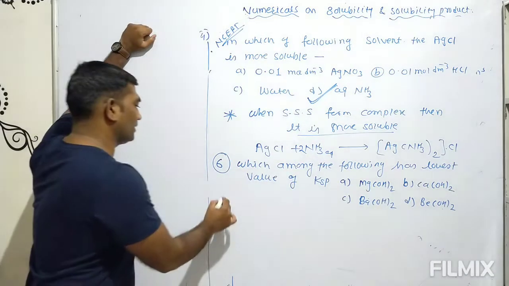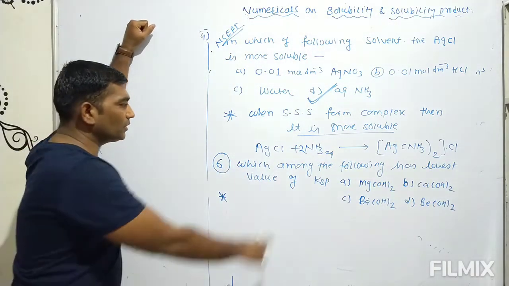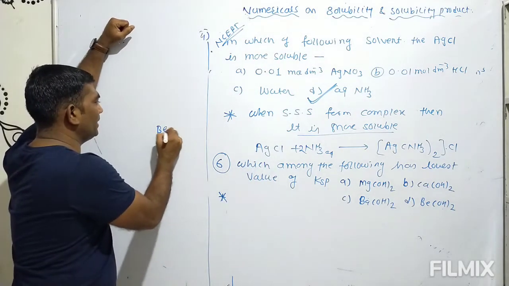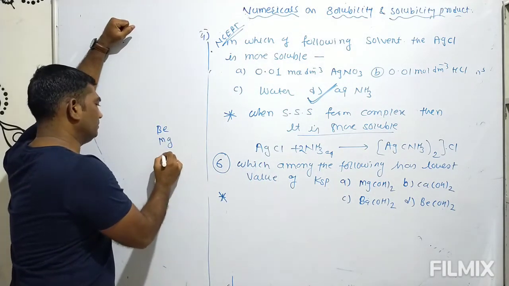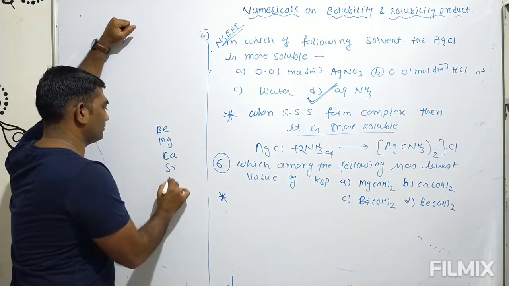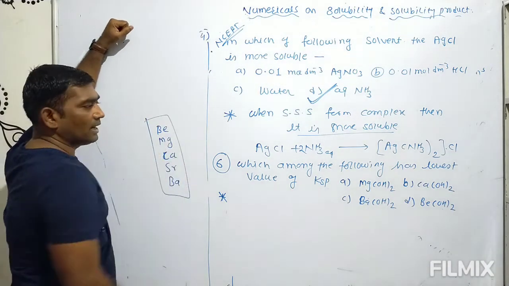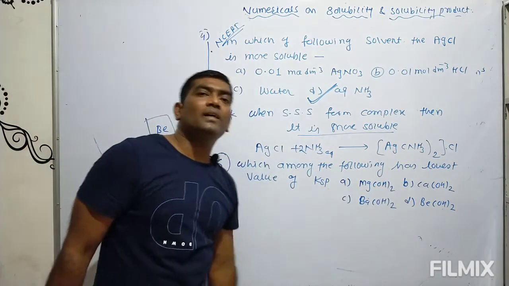Again, this is an important note. Please make an important note. You know that here these are Be, Mg, Ca, Sr, barium, strontium. These are second group elements, and these are the hydroxides.